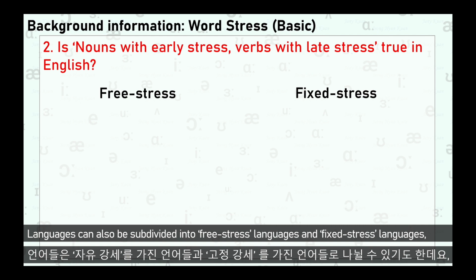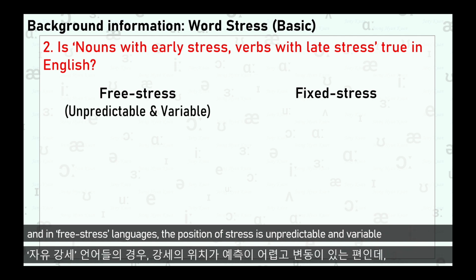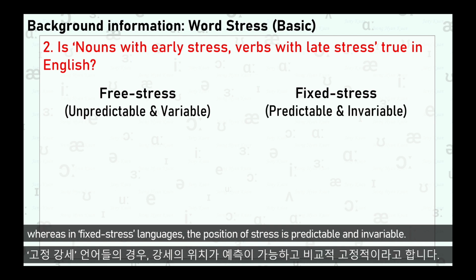Languages can also be subdivided into free stress languages and fixed stress languages. In free stress languages, the position of stress is unpredictable and variable, whereas in fixed stress languages, the position of stress is predictable and invariable.